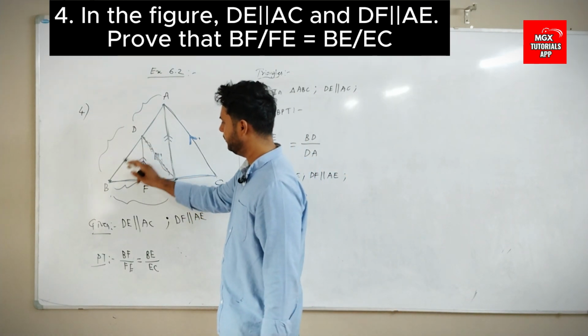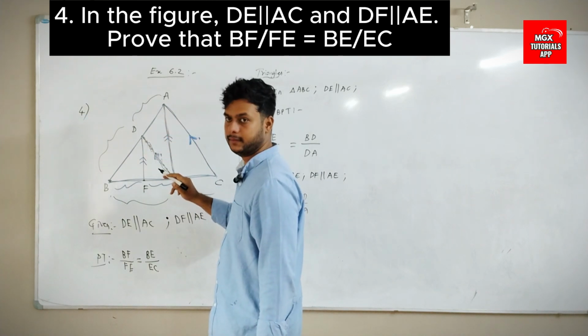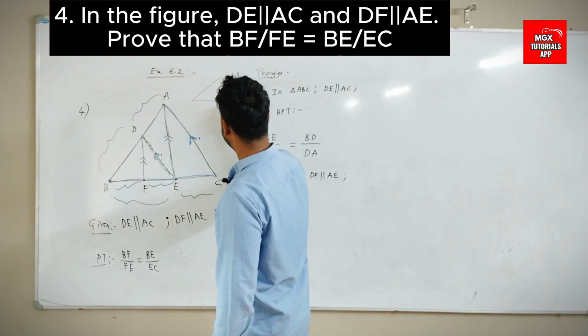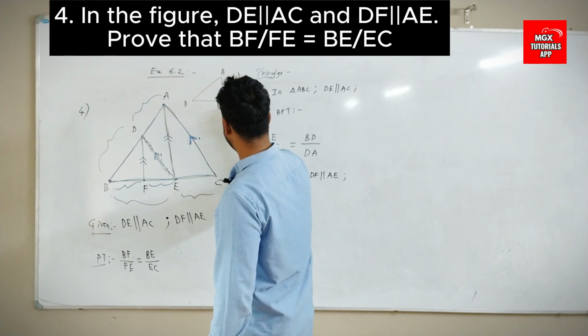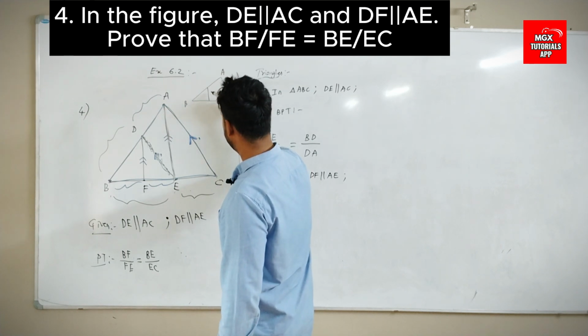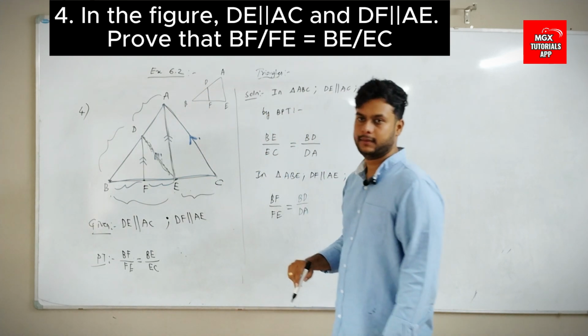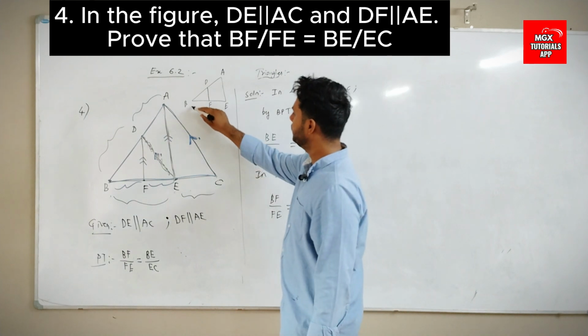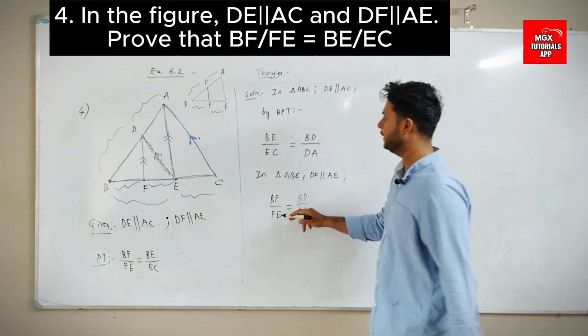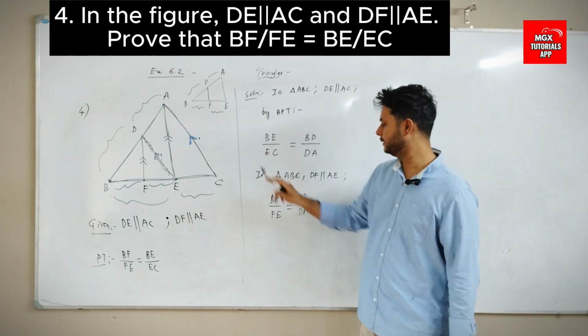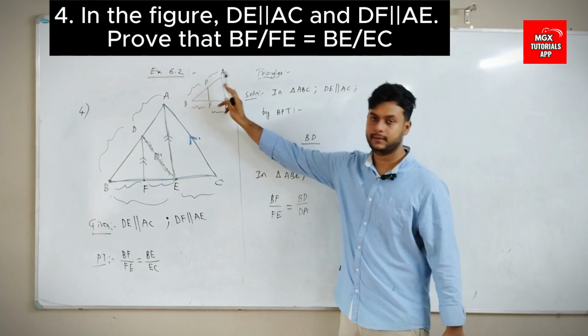BD by DA. This type of triangle, BAE, DF. Correct. So this by this will be equal to this by this. BF by FE is equal to BD by DA.